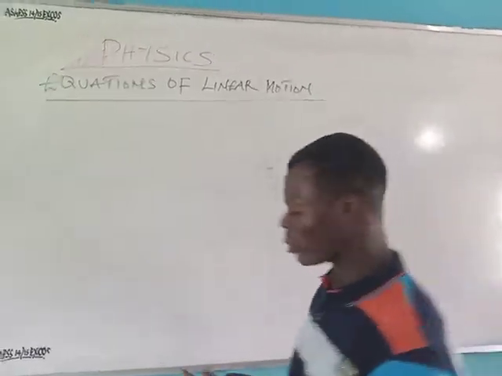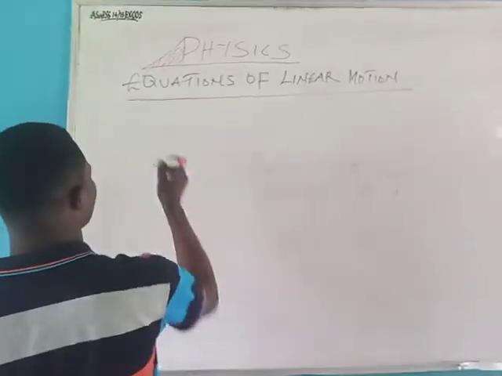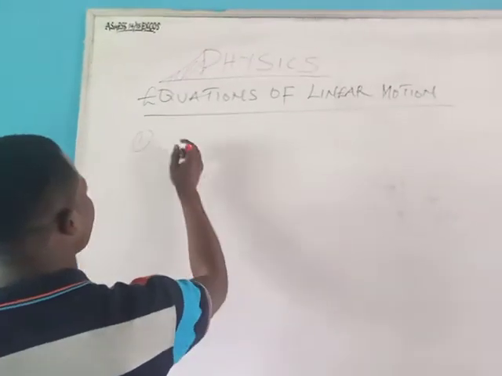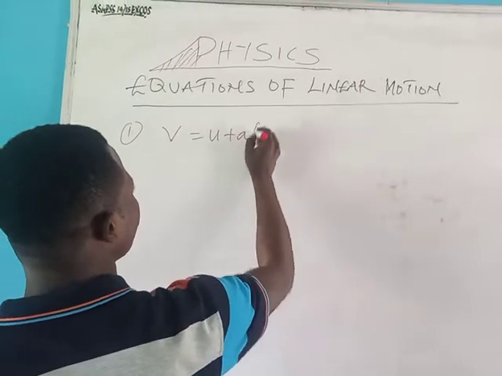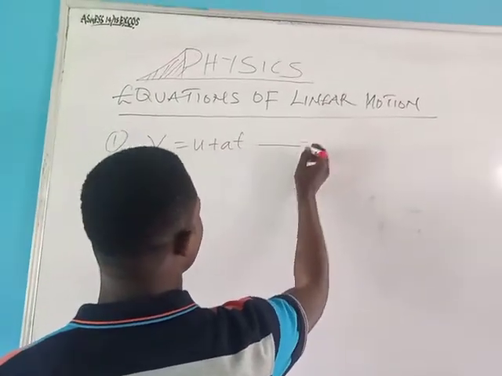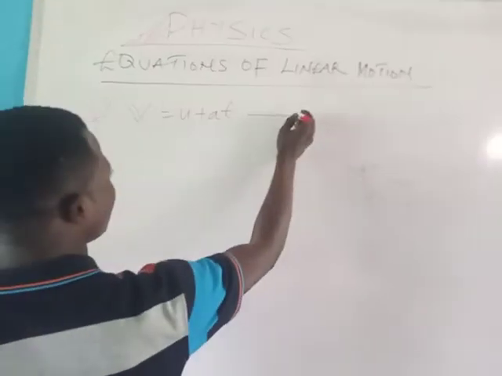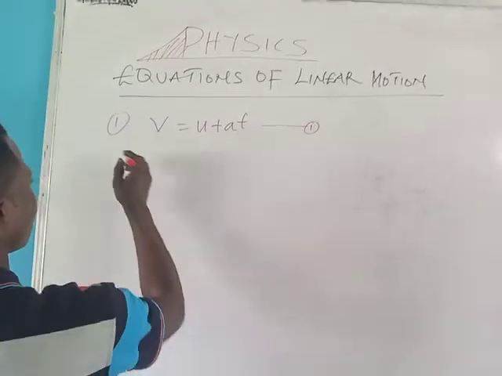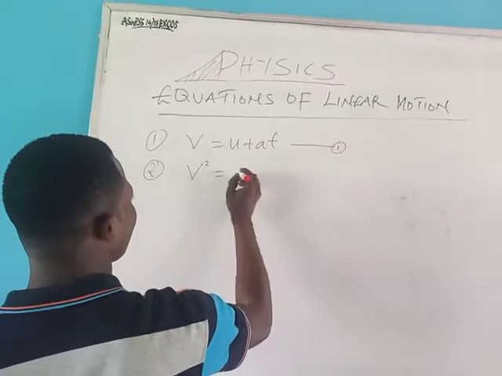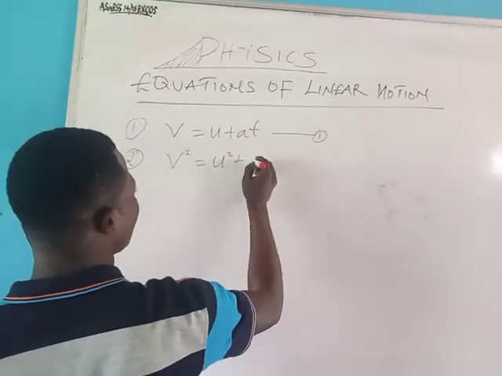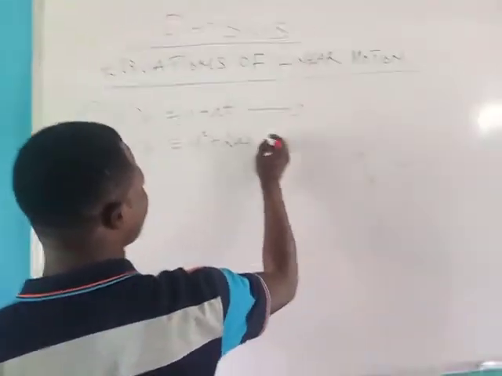And these four equations are: number one, V equal to U plus AT. Let's call this equation 1. Second one is V square equal to U square plus 2AX.